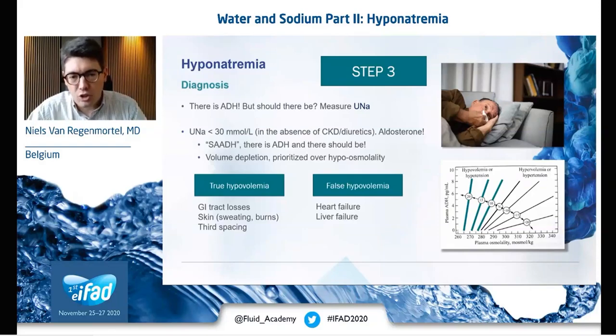A remaining question is whether this is a true hypovolemia, just like in GI tract losses or skin, sweating, burns, or third spacing, or whether there is a false hypovolemia where the body just interprets there is a problem, just as in heart failure or in liver failure. These are the two most common examples of SIADH due to hypovolemia.